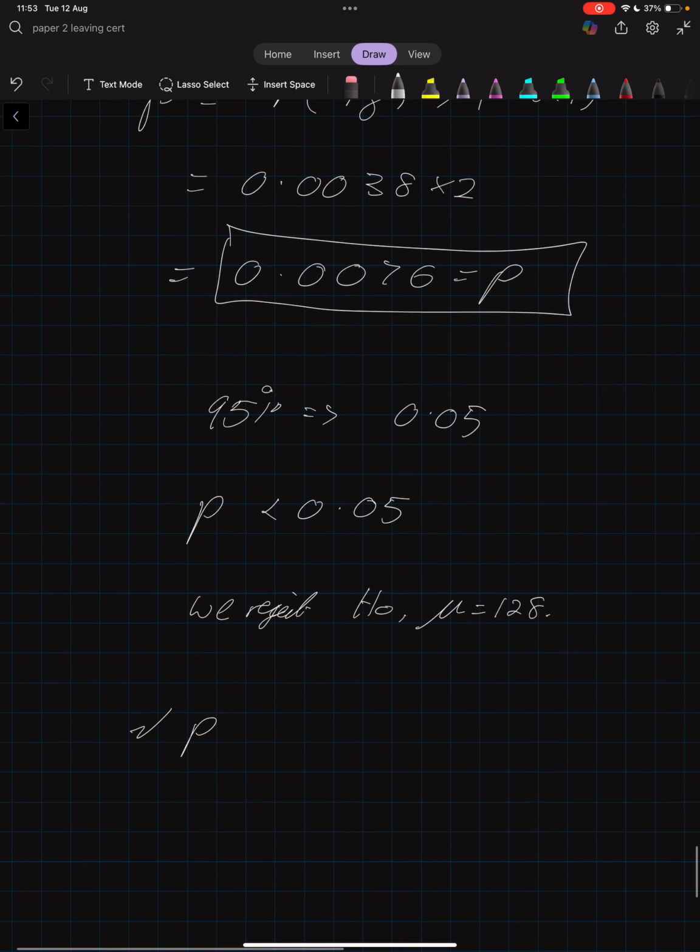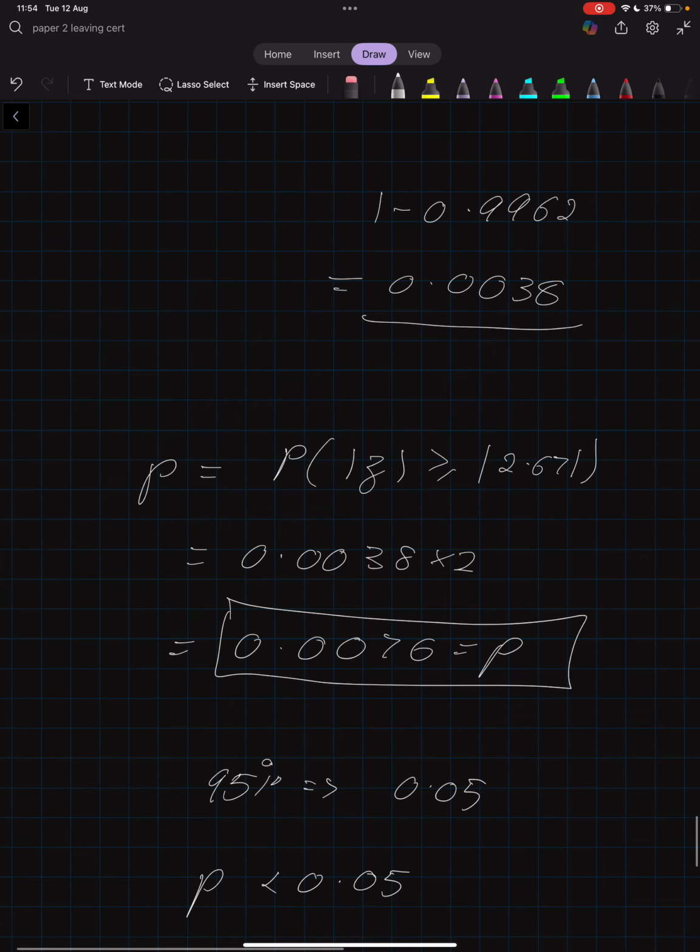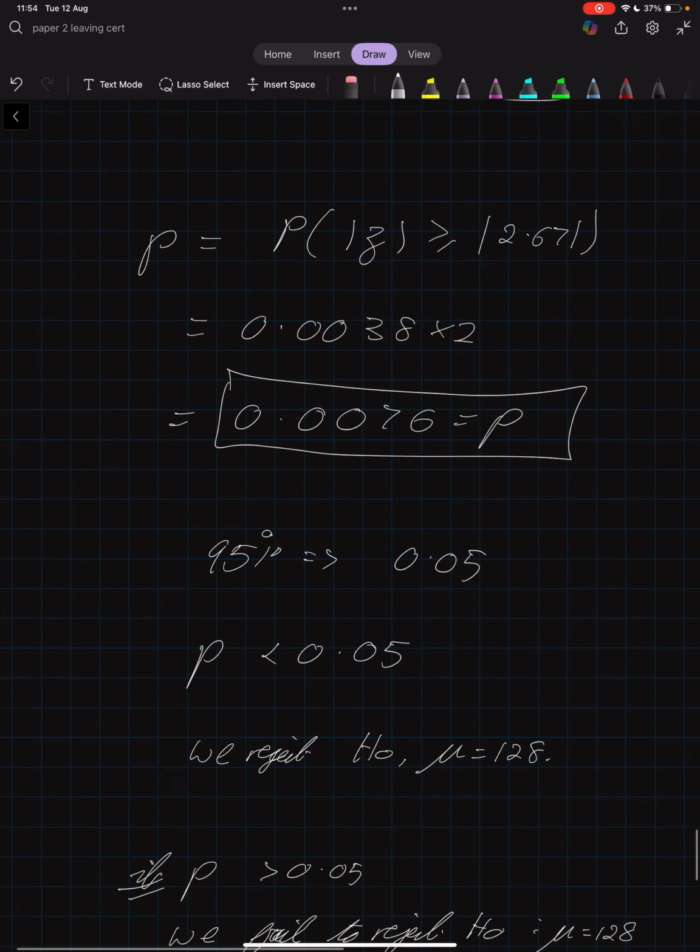If p was greater than 0.05, then you'd say we fail to reject H naught. Okay, so that's how you do p-value. The p-value is the probability that you'll get a z value even more unlikely than this one.